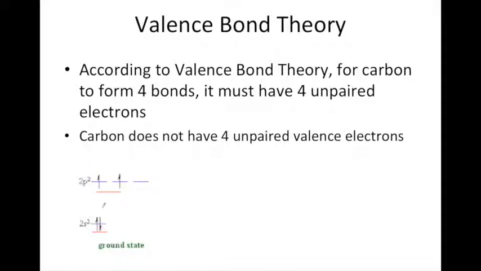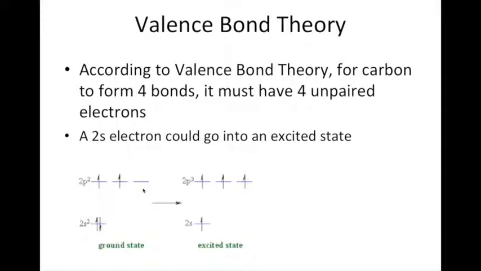Well, one thing that could happen is that one of our 2s electrons becomes excited in the bonding process and jumps up into one of our 2p orbitals, creating an excited state electron configuration. Now we have 4 unpaired electrons, but note one thing, the electrons have different energies.